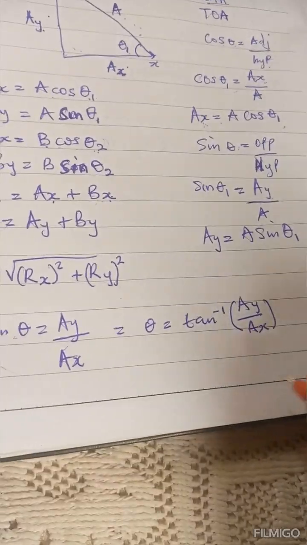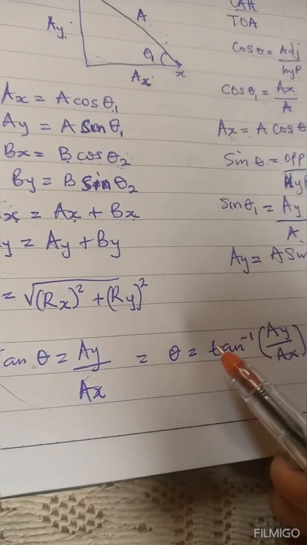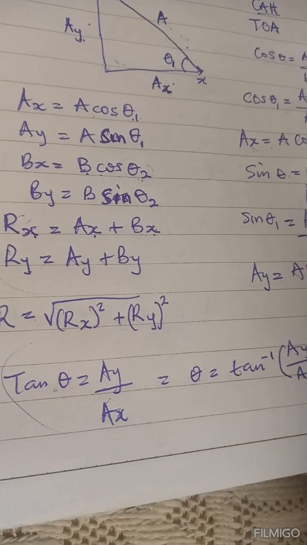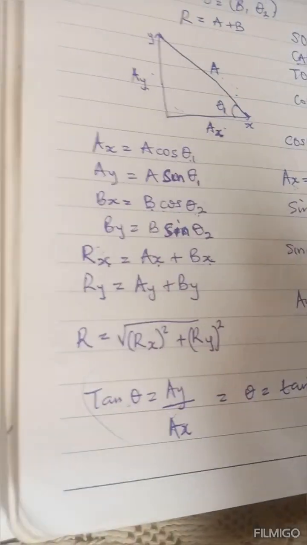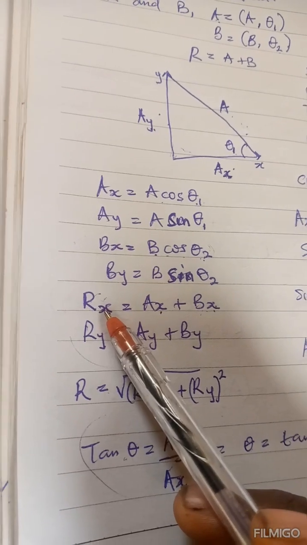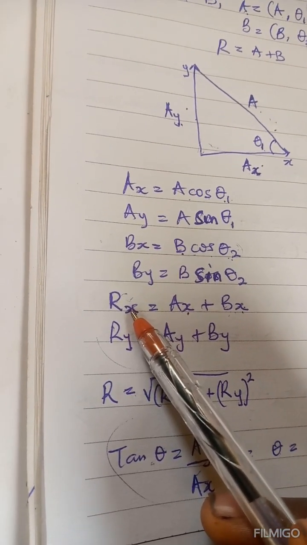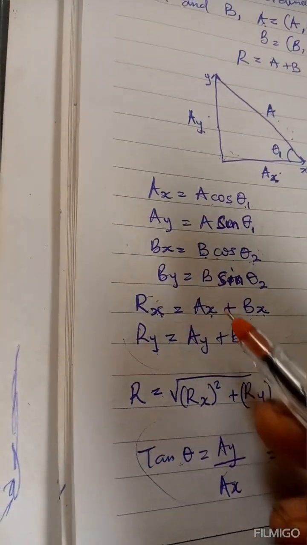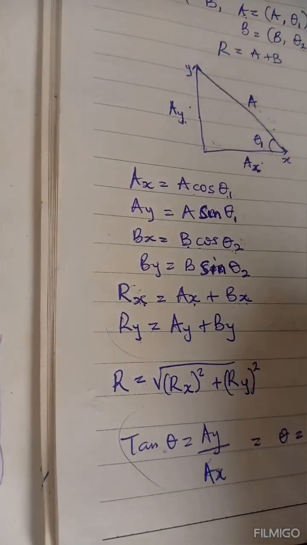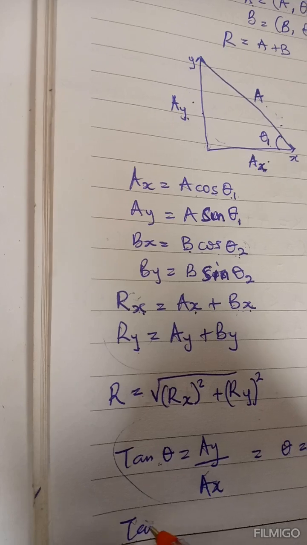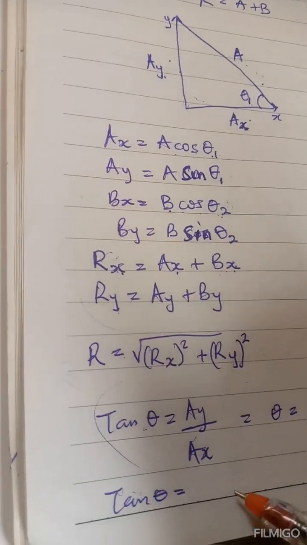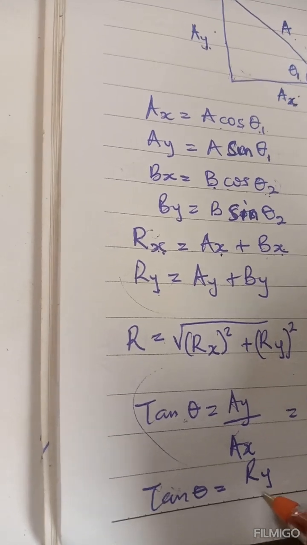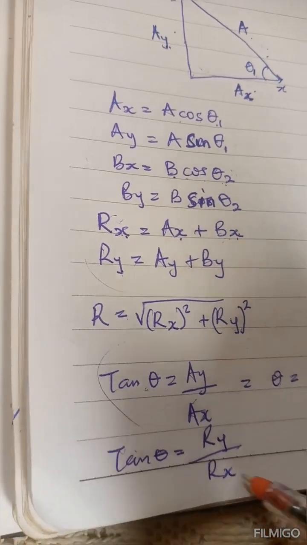Now, this is if I'm looking for the angle of vector A. Because I have the resultant vector in the x component and in the y component, if I'm looking for my total angle, it will be tan theta equals Ry over Rx.